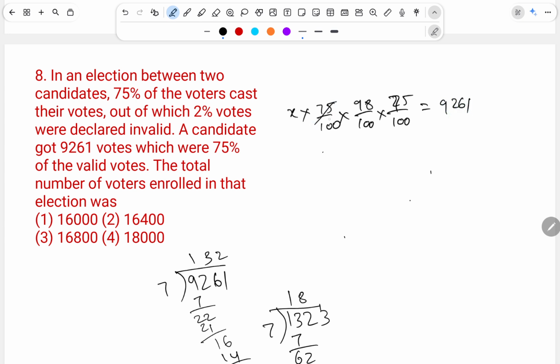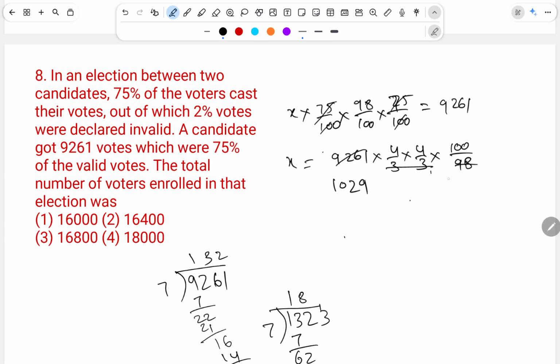Then 3 by 4. X is equal to 9261 into 4 by 3 into 4 by 3 into 100 by 98. First 3 3s are 9. We'll divide by 9: 9 ones are 9, 9 2s are 18, 9 9s are 81.